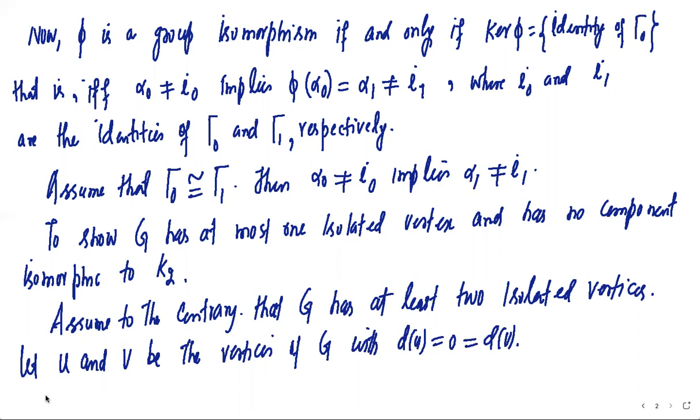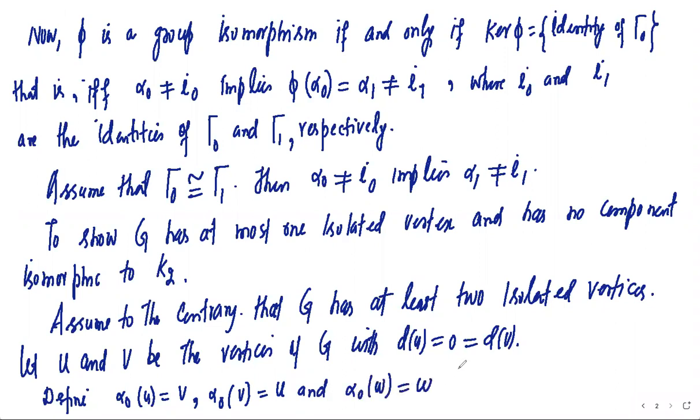So now define alpha 0 of U is equal to V, alpha 0 of V is equal to U, and define alpha 0 of W is equal to W for all vertices W belonging to the vertex set of G minus UV.